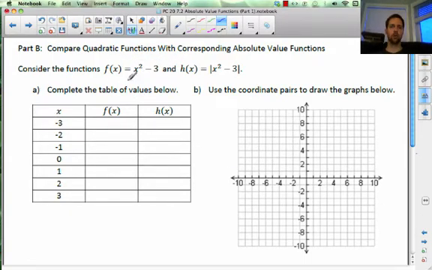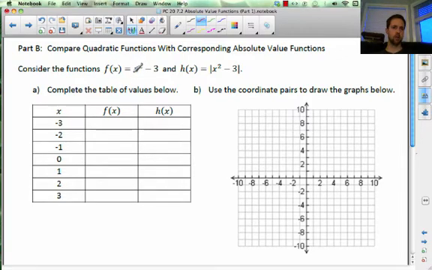Okay, so now we're going to look at quadratics and the absolute value of a quadratic function. So again, we're going to do the same thing. So plug in a few values. So -3 into f of x.